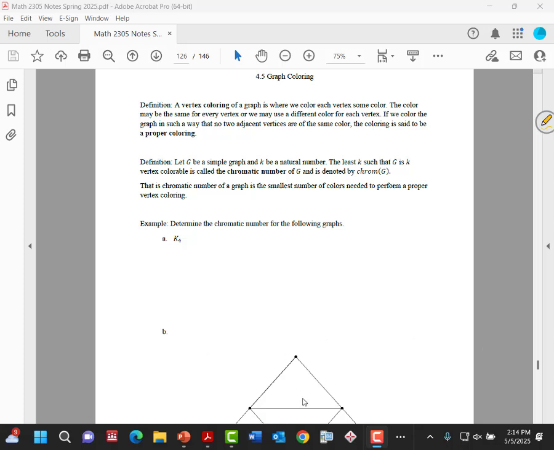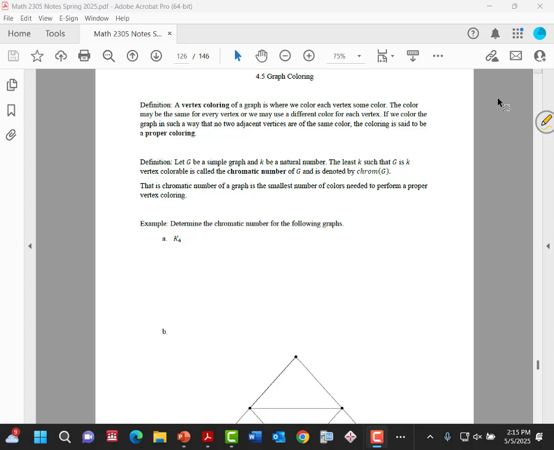Okay, so in this section, we want to explore what is called graph coloring. So, quick definition. A vertex coloring of a graph is where we color each vertex some color. The color may be the same for every vertex, or we may use a different color for each vertex.